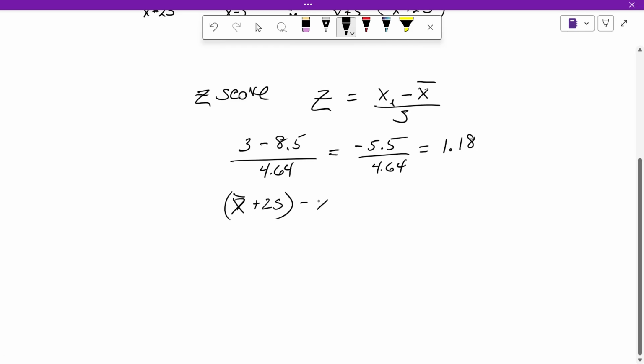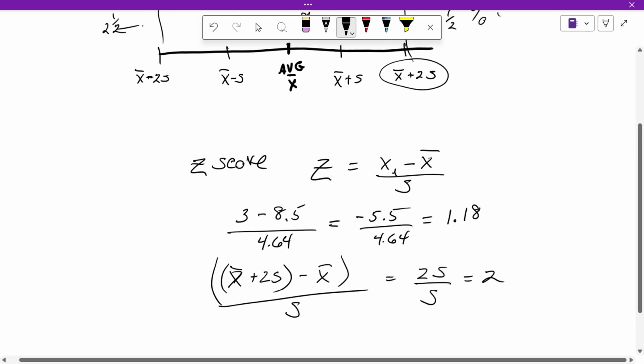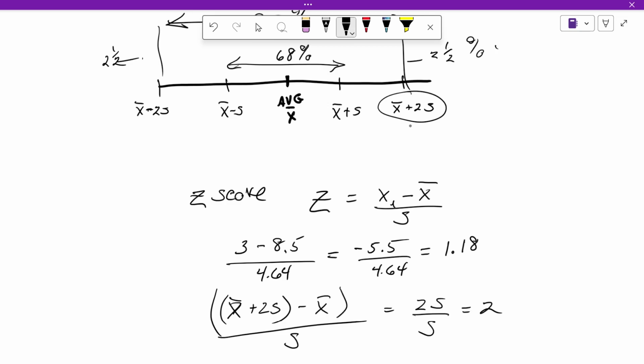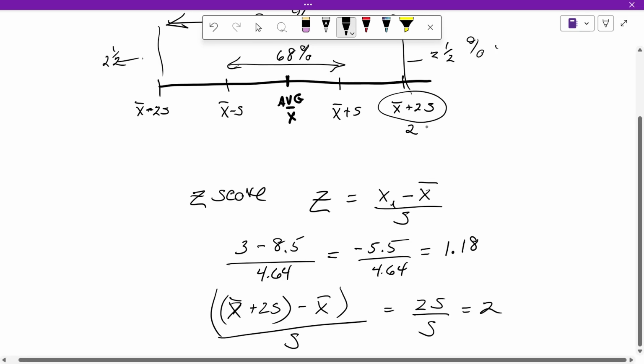I'm going to subtract the average from it and divide it by the standard deviation. This becomes 2 standard deviations divided by the standard deviation, which is 2. So this value, x bar plus 2s, has a z-score of 2.